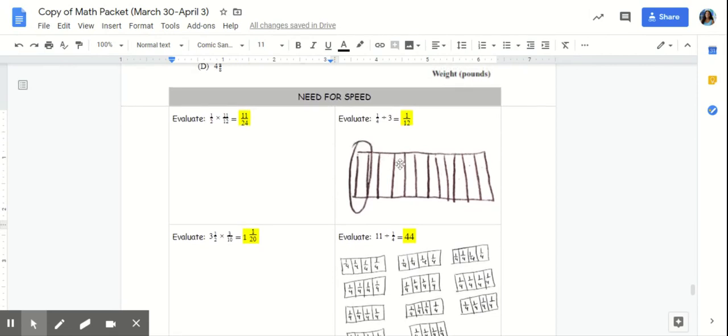Now let's review a little bit on dividing fractions and whole numbers. We have 1/4 divided by 3, which equals 1/12. First, I created a bar model and I split up my model into fourths, as you can see here. So now I'm going to divide, so I created fourths.